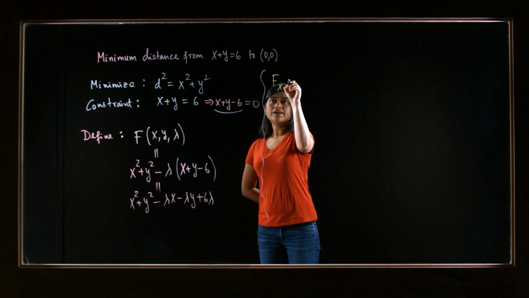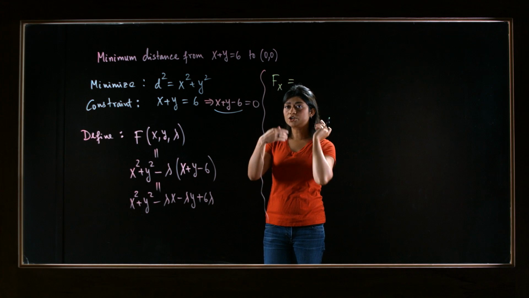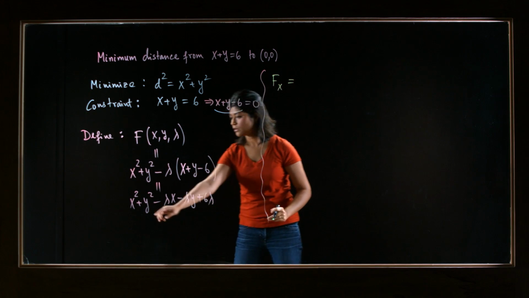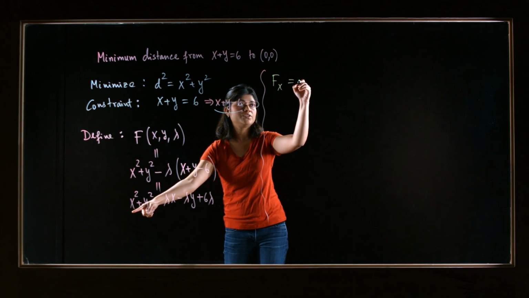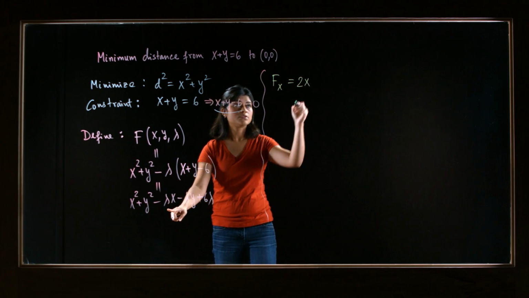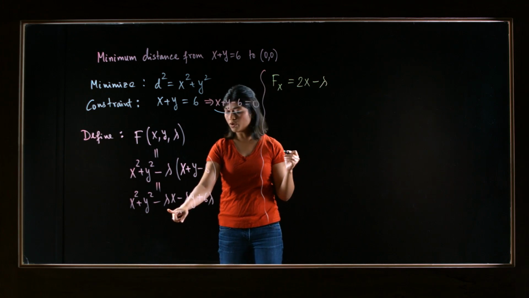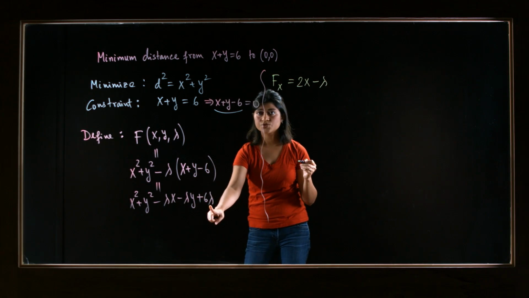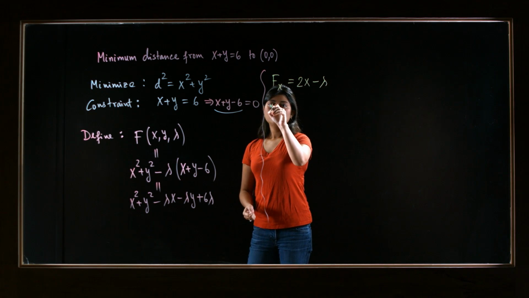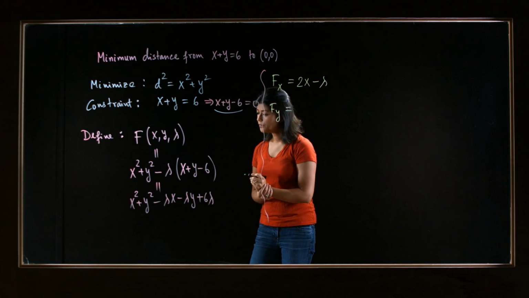Let's compute fx. Remember, partial with respect to x means y and lambda are both constants. So the first term, we have 2x, then we have 0, then negative lambda times 1, and then 0 and 0, because they're all constants with respect to x. Now compute fy.